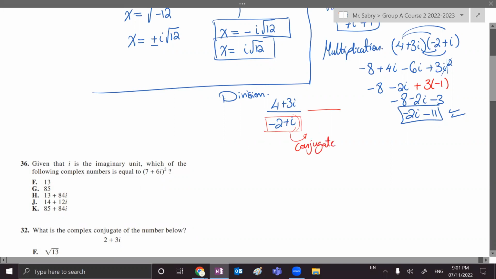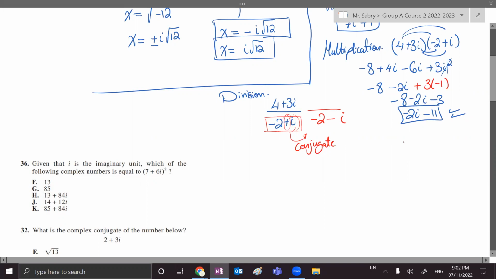The conjugate is exactly the same two terms, but we change only the middle sign, not both signs. So instead of negative 2 plus i, it will become negative 2 minus i.